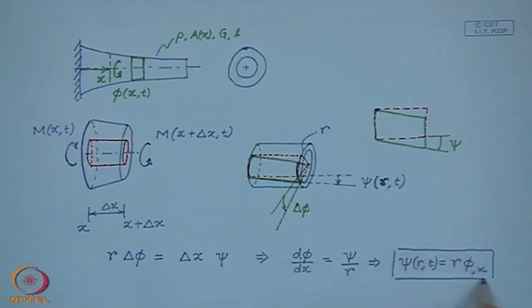So, this equation that we have obtained from the kinematics of this torsional deformation of the bar, we can now use to relate the shear strain at any radius r at any time t in terms of our field variable, which is phi.